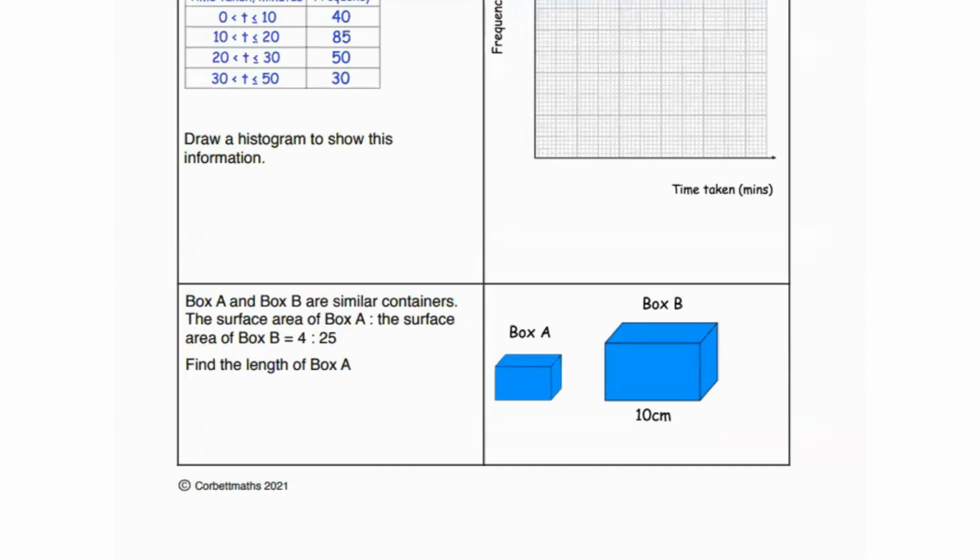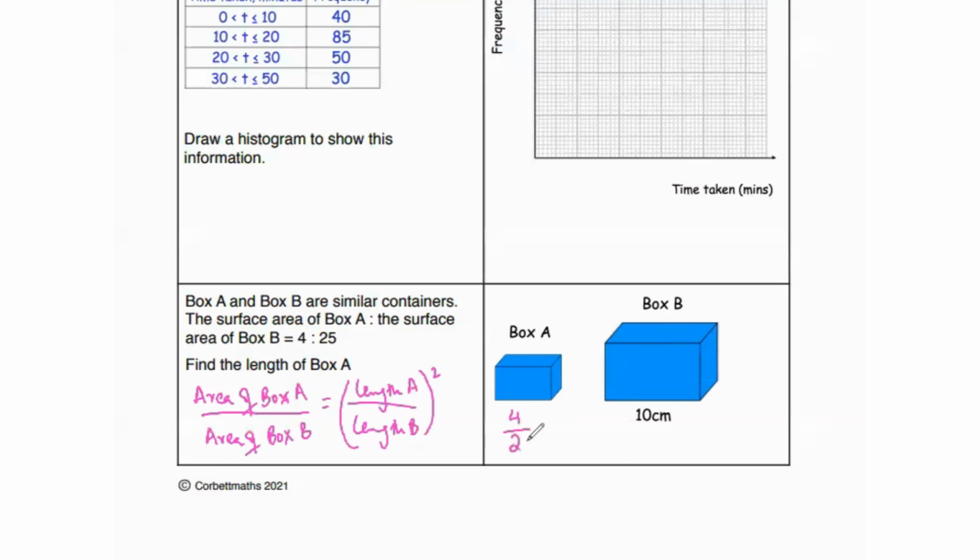Find the length of box A. Whenever we talk about similar shapes and they mention the area, the formula that you need to keep in mind is that area of box A over area of box B equals the square of length of A divided by length of B. So area of box A is 4 and 25 is the area of box B according to the ratio.